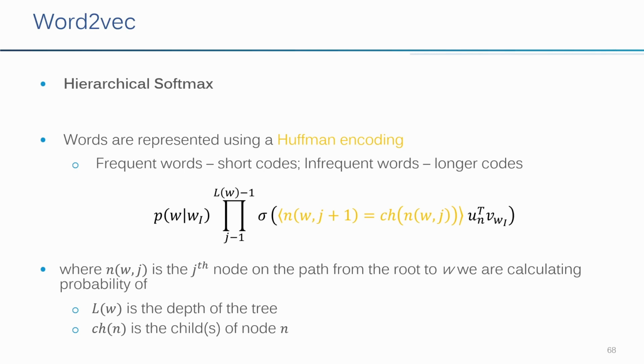One thing that they came up with was to use this hierarchical softmax in which they represent the words using some sort of encoding. Here they use the Huffman encoding, in which words that appear a lot will have short representations, and words that don't appear that often will have longer codes.